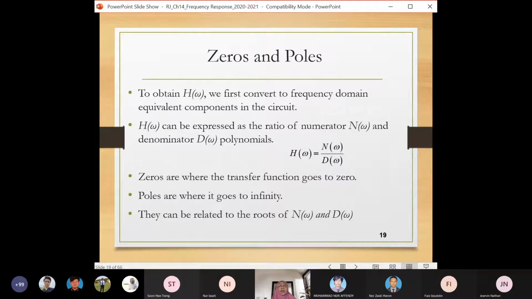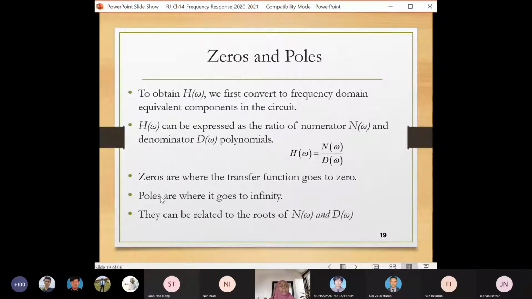Most of the time N omega and D omega are polynomial expressions. So H omega is the equation of the transfer function. The zeros are where the transfer function goes to 0. Poles are where it goes to infinity.